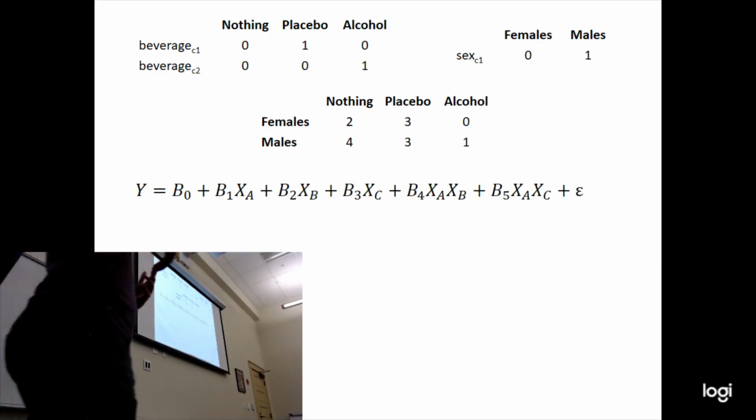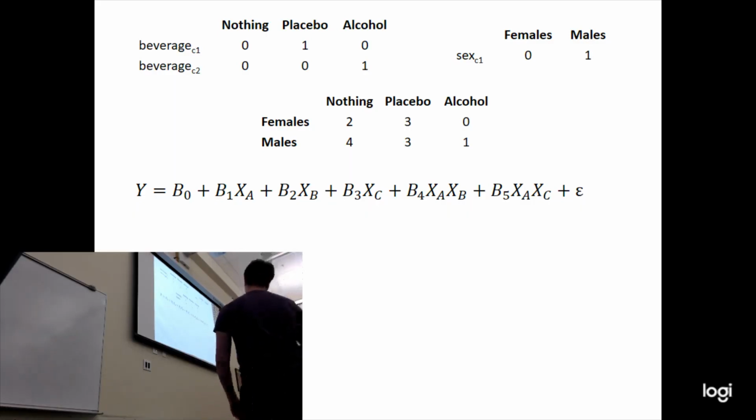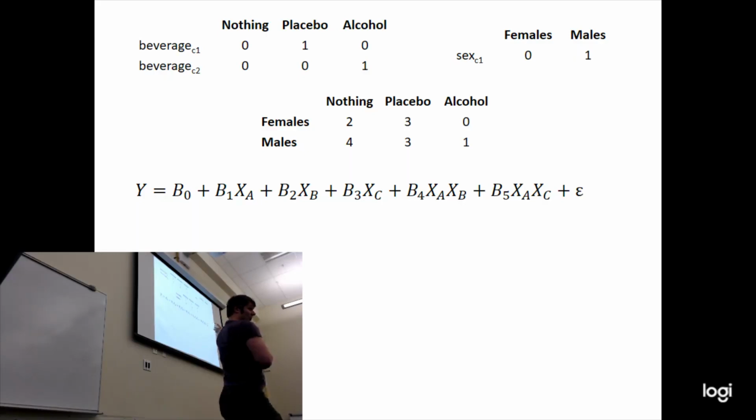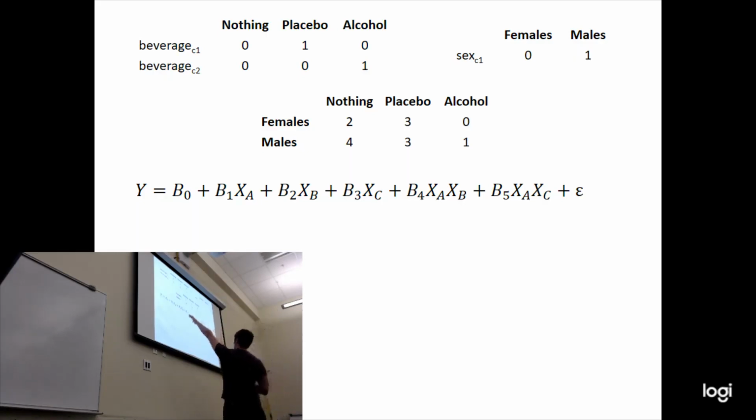So if we fit an interactive model with these variables, the two contrasts for beverage condition and the one contrast for participant sex, this is the statistical model that we're working with. It's an interactive model. We've got an intercept, of course. We've got 3 separate variables, one for each contrast.